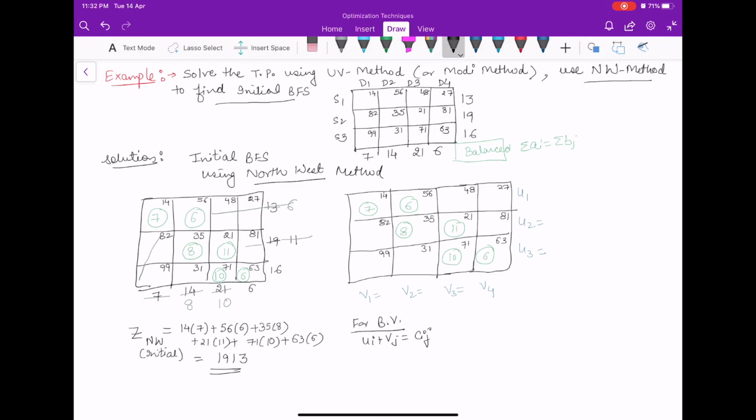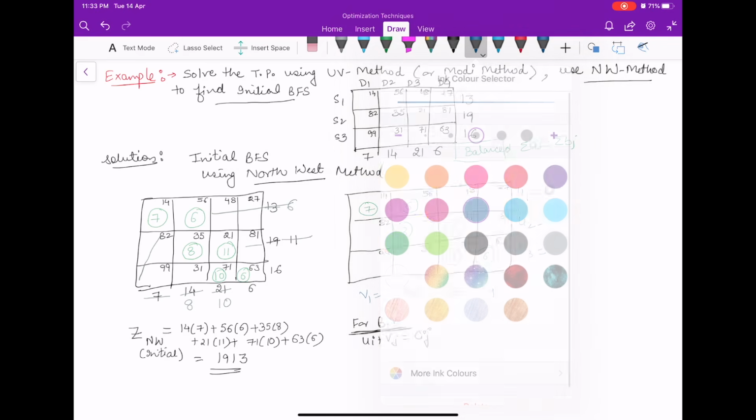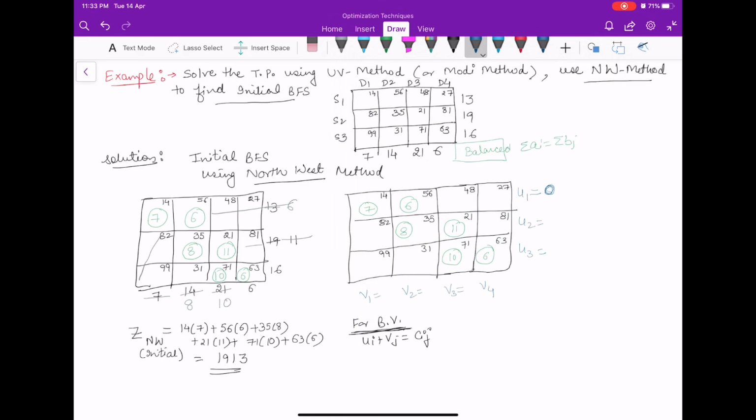This is true for the basic variables always, and one of the dual variables can take any arbitrary value. So let me assign an arbitrary value here. Let me take u1 equal to 0. If u1 is 0, from the first cell, u1 plus v1 should be equal to the cost 14.